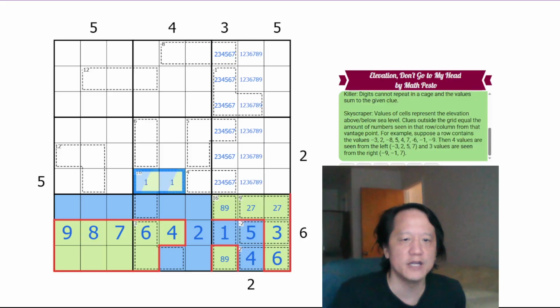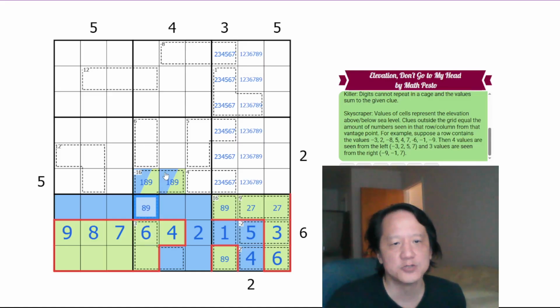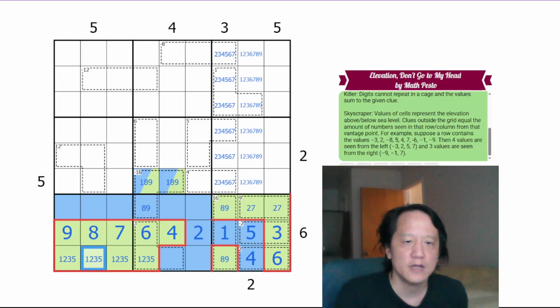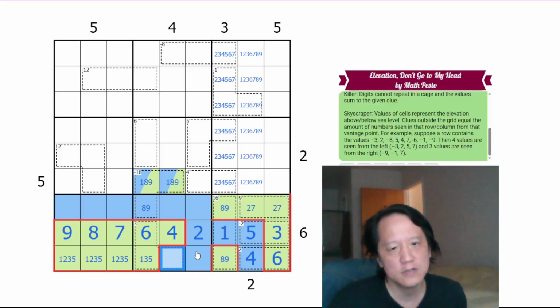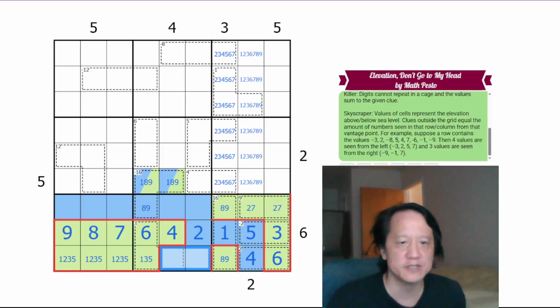So this is 1, 8, and 9 as a possibility. This is 8 and 9 as the water here. The rest of this has to be 1, 2, 3, and 5. And there's no 2 here because of the 2 in the box. So the remaining digits here have to be 7, 8, and 9 in row 9.